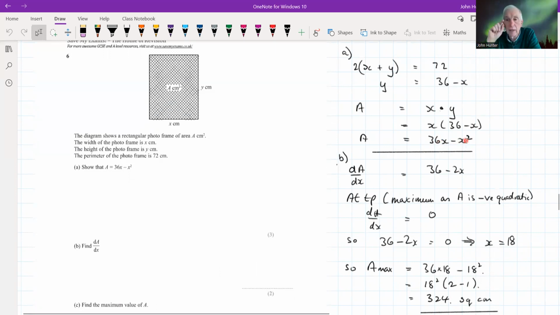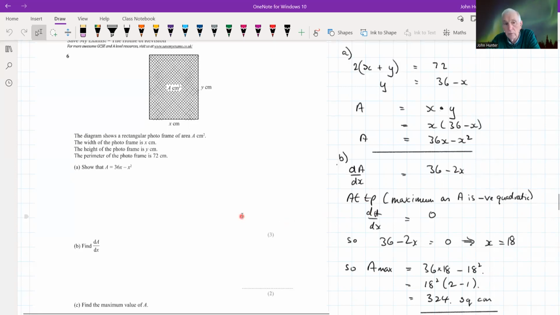The maximum value is the Y value at the top, and that occurs for a value of X. We want the maximum value of A. The thing to note here is that at this turning point, when we've reached the maximum, as we increase X, we get an increasing area up to a certain point, and then it starts decreasing. So we want that value of X that represents the maximum value.